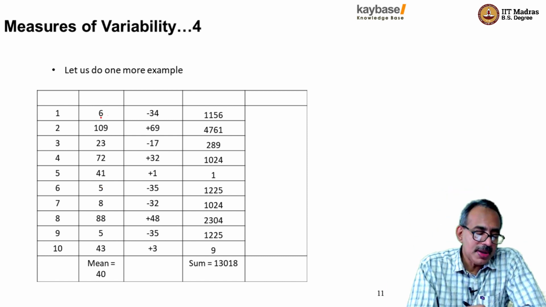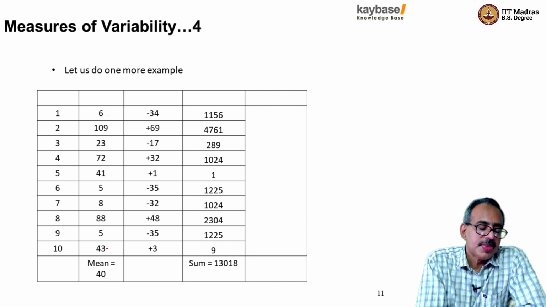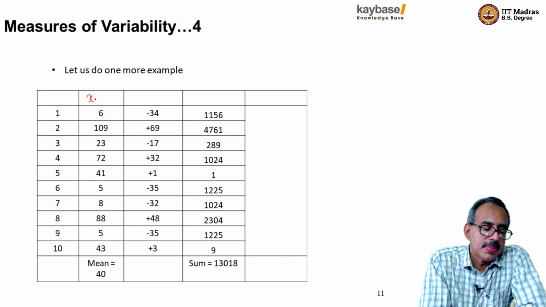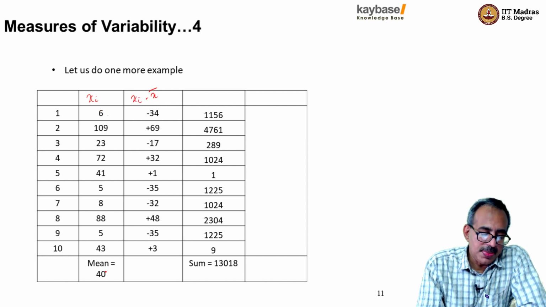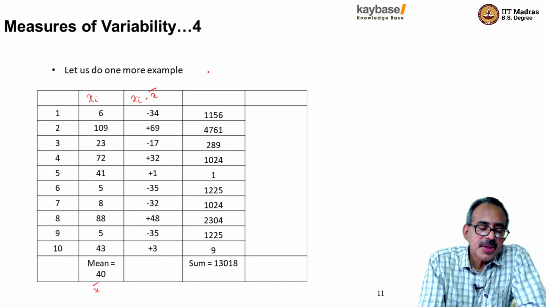So this is xi, and this column is xi minus x bar. So 6 minus 40 is minus 34. 109 minus 40 is plus 69. 23 minus 40 is minus 17, and so on and so forth. So this column is xi minus x bar squared.